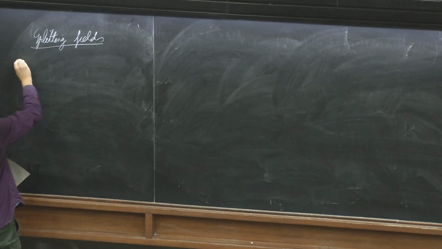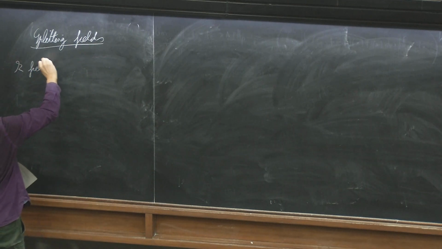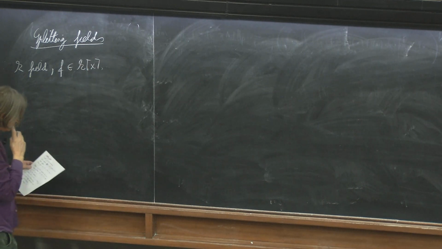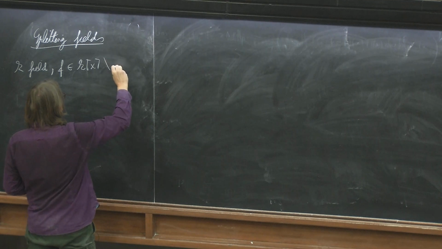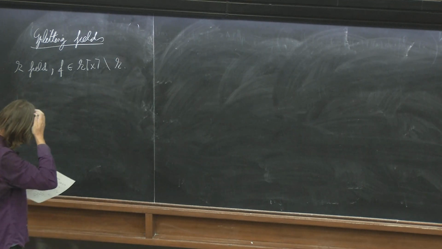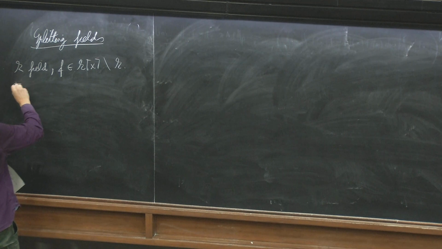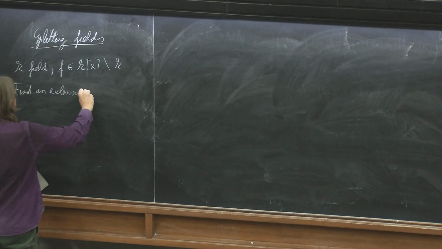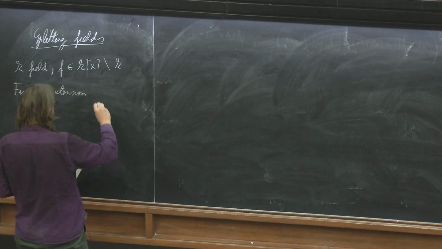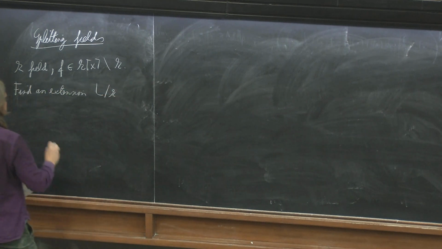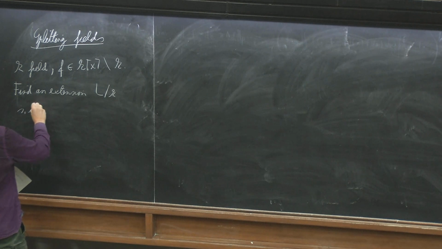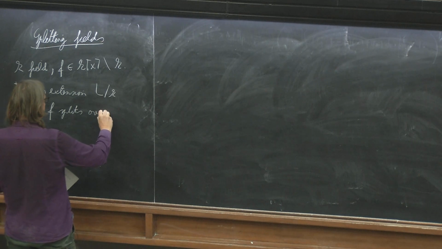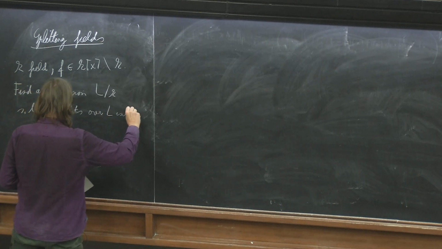So let K be a field, f a polynomial with coefficients in K, not constant. We want to find an extension L over K such that f splits over L into linear factors.